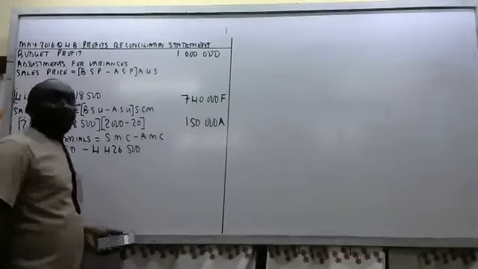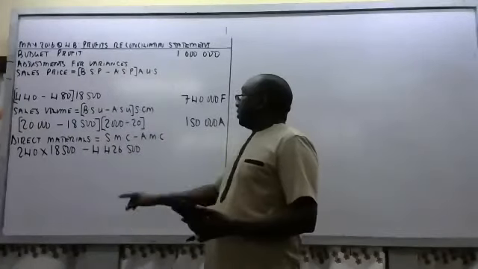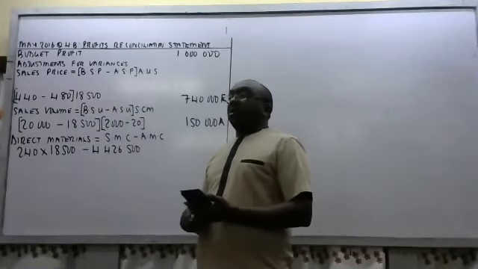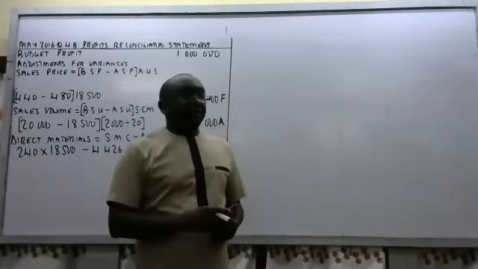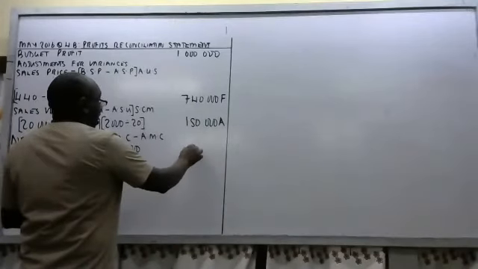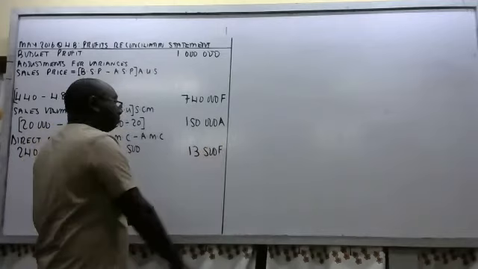That is favorable. You see, it's positive. Positive means the actual cost is smaller. So that is good news. Those who are saying it's adverse, it is the reverse. So it is 13,500 favorable.